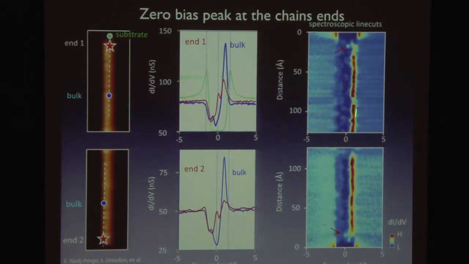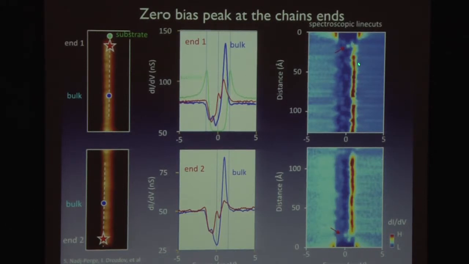Inside the chain, you have all kinds of particles that are bound to this chain. And this peak that you see at the end and on the other end is what we were looking for, which is this zero energy state, associated with the end of the chain.